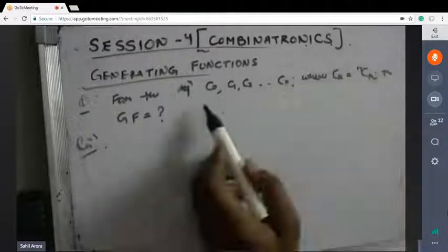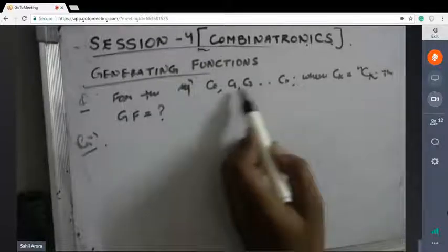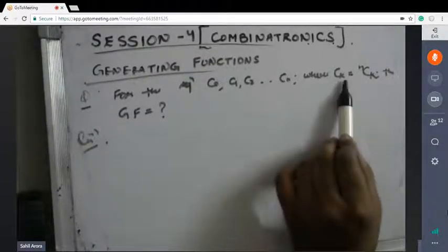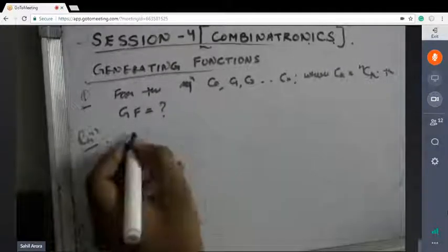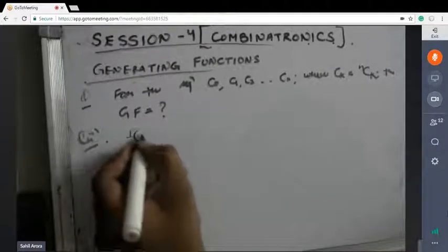So for the sequence C0, C1, C2, so on up to C of n, where C of k is equal to nCk, the generating function will be what? Again, let's say that the generating function is represented by f of x.